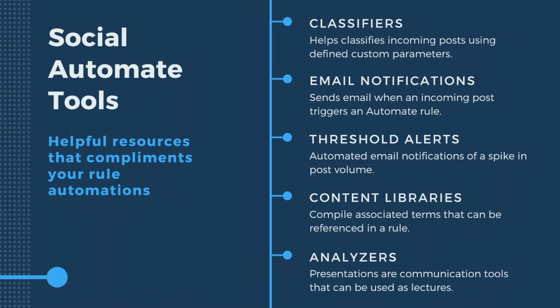That's something you want to pay attention to. If the threshold alert is set to 1,000 and suddenly 1,000 posts come in, it will identify that as a spike, and it's going to send you an email notification or a notification in Social Studio.